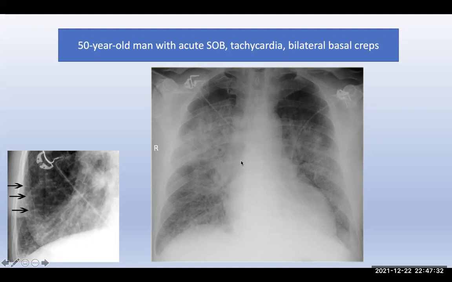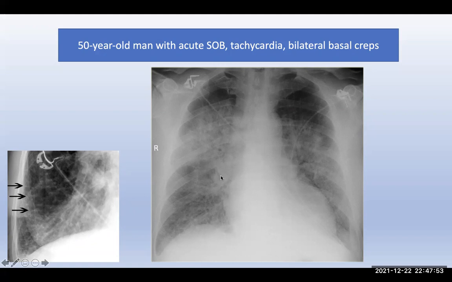Look at this lesion very carefully. It arises from here and goes out to the periphery. So when it goes from the heart to the periphery, it looks just like a bat wing. So it is called the bat wing sign.